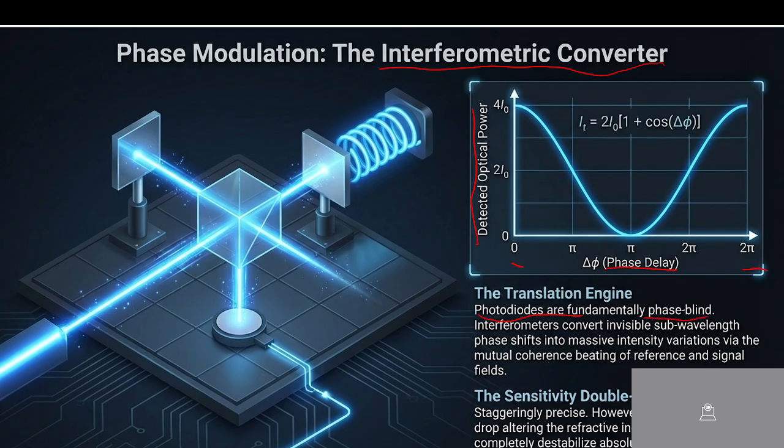We don't have any direct detector which can detect the phase. So the photodiode, which is typically phase blind, is quite sensitive to the amplitude.